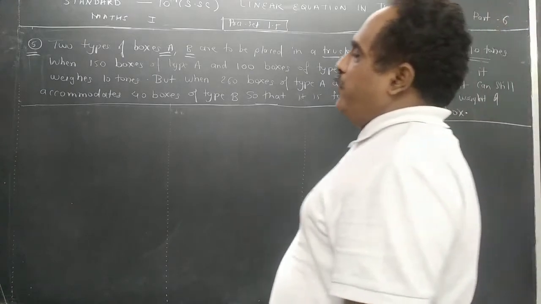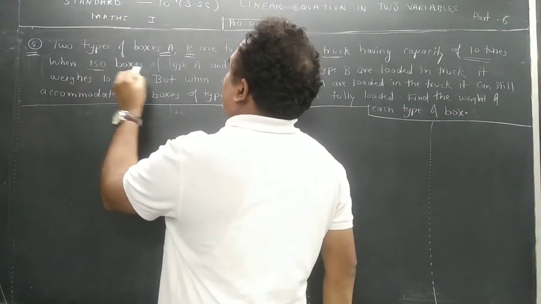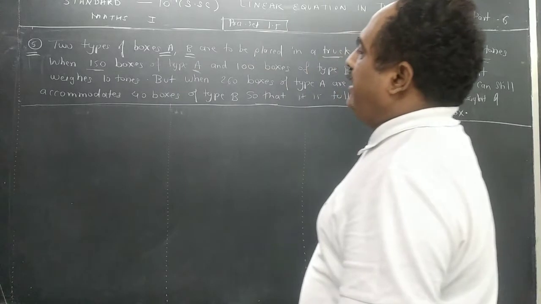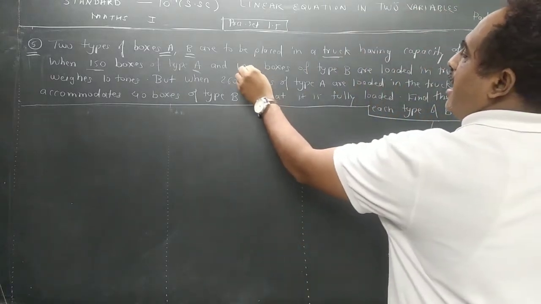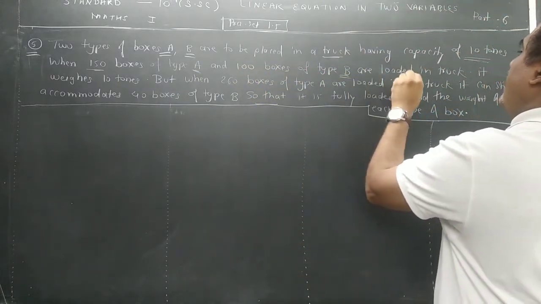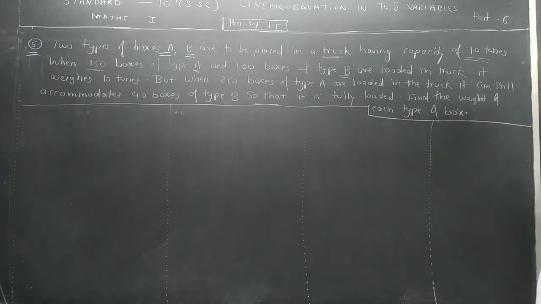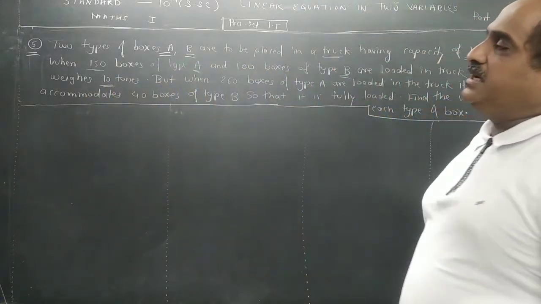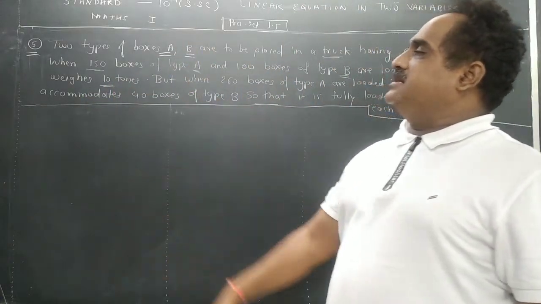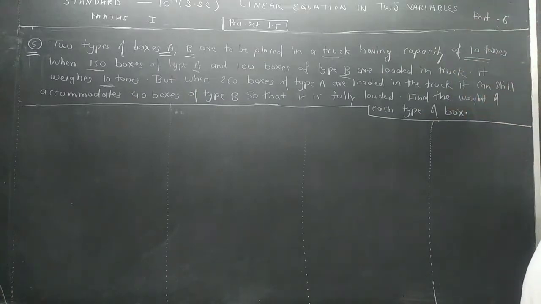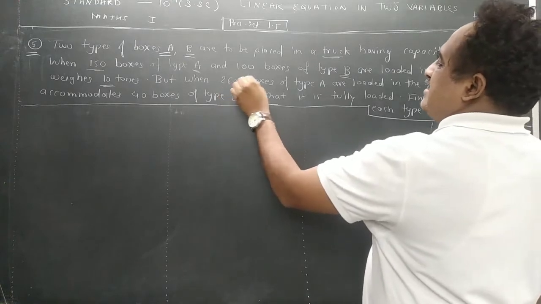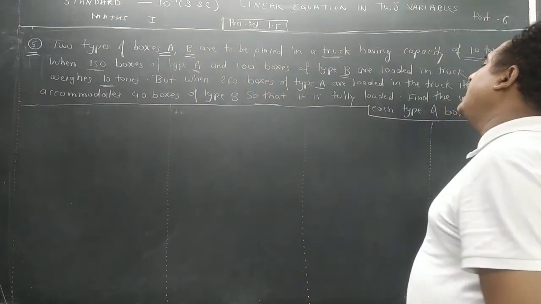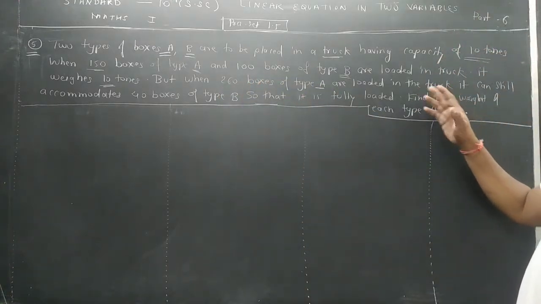Now when 150 boxes of type A and 100 boxes of type B were loaded in a truck, it weighs 10 tons. इन दोनों का वेट कितना हो जाता है 10 tons हो जाएगा. But when 260 boxes of type A is loaded in a truck, इतने डाल दिए हमने.